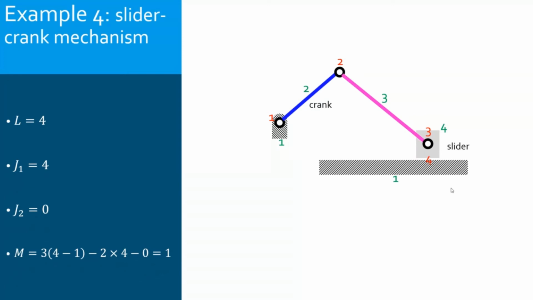The slider is translating along the ground, so there is a prismatic joint between the slider and the ground. The prismatic joint allows only 1 degree of freedom, so it is counted with the lower pairs, with the J1s. So here we have L equal 4, J1 equal 4, no higher pair, and if we substitute into the equation, we obtain mobility equal 1.